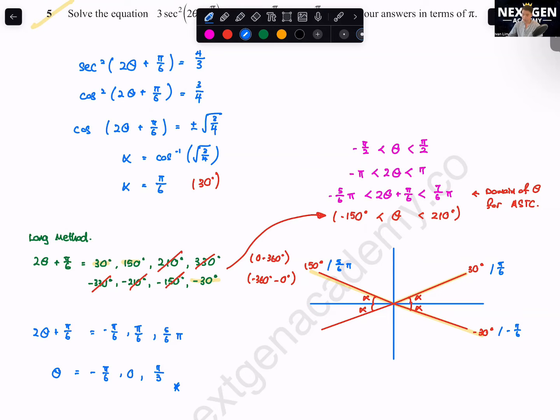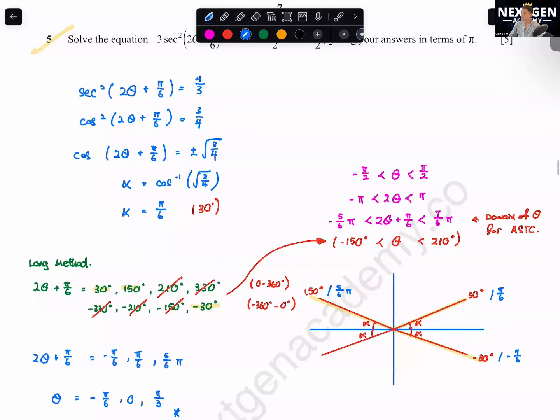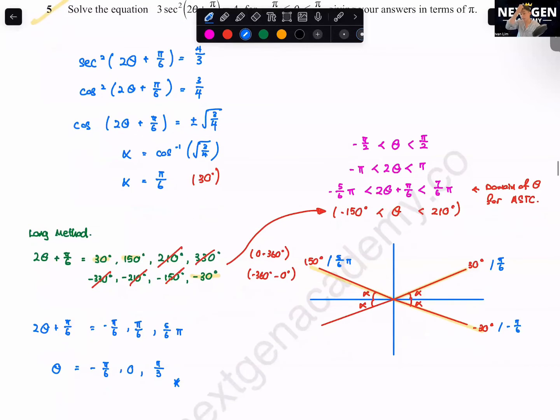Let's see here, in the mark scheme, 3 marks. Okay, if you simplify the first step, then 1 mark already. Later I send you all the mark scheme, you see how they mark, because I want you all to get used to the mark scheme as well. Okay, all good, let's go.